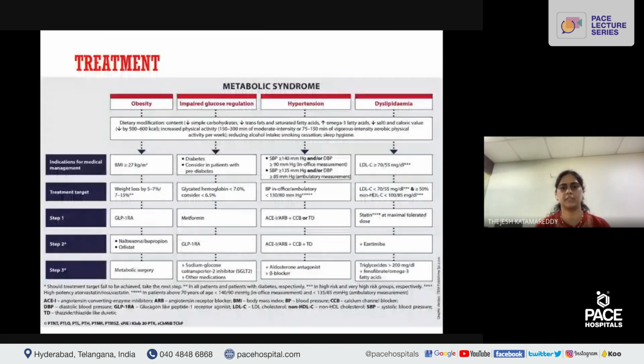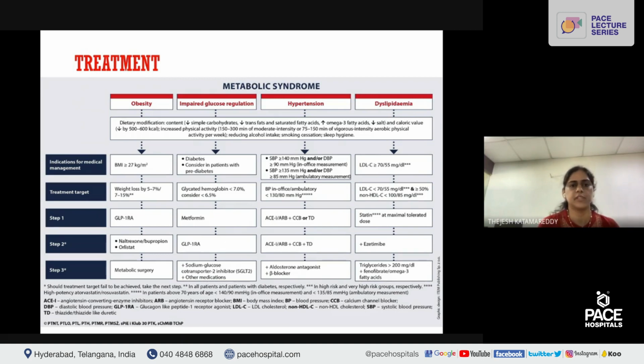Now an outline of the treatment in metabolic syndrome. Obesity, impaired glucose regulation, hypertension, and dyslipidemia are the targets for treatment. Initially we give suggestions for dietary modification, exercise, cessation of smoking and alcohol, and to have good sleep also.